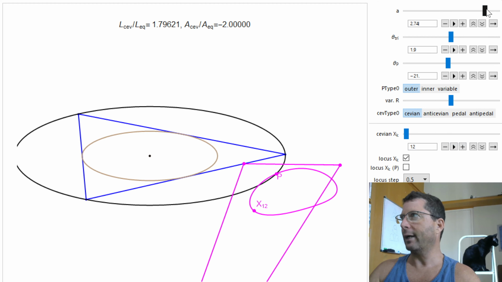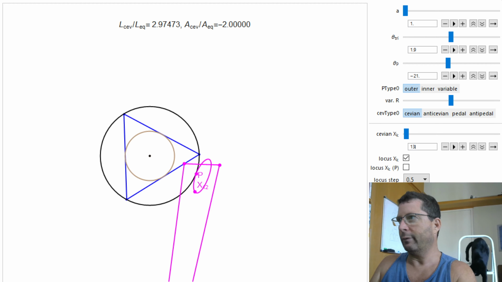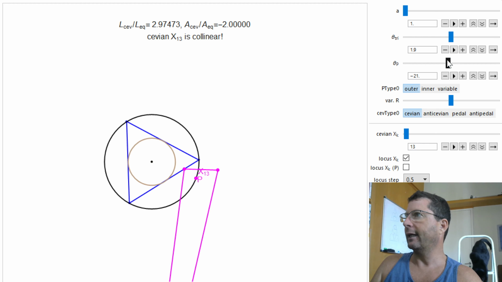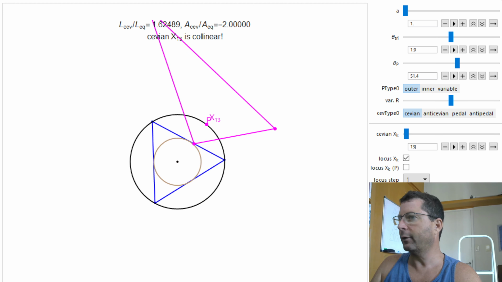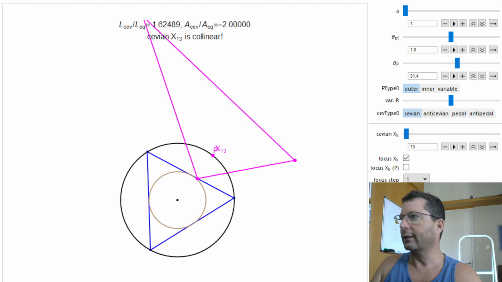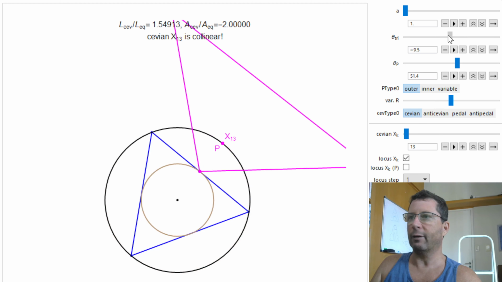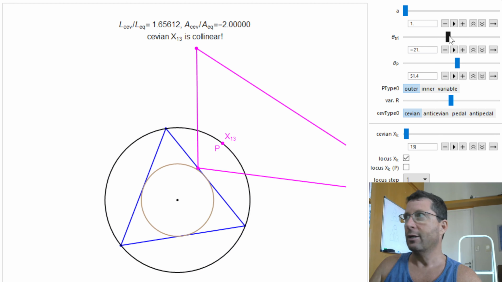But then we go back to X13, so we remember what X13 was doing in the case of the equilaterals, right? So let's recenter this family, and let's just look at X13 here. And remember that as we move the equilaterals around, X13 was stationary at P. So let's now apply the affine transformation.